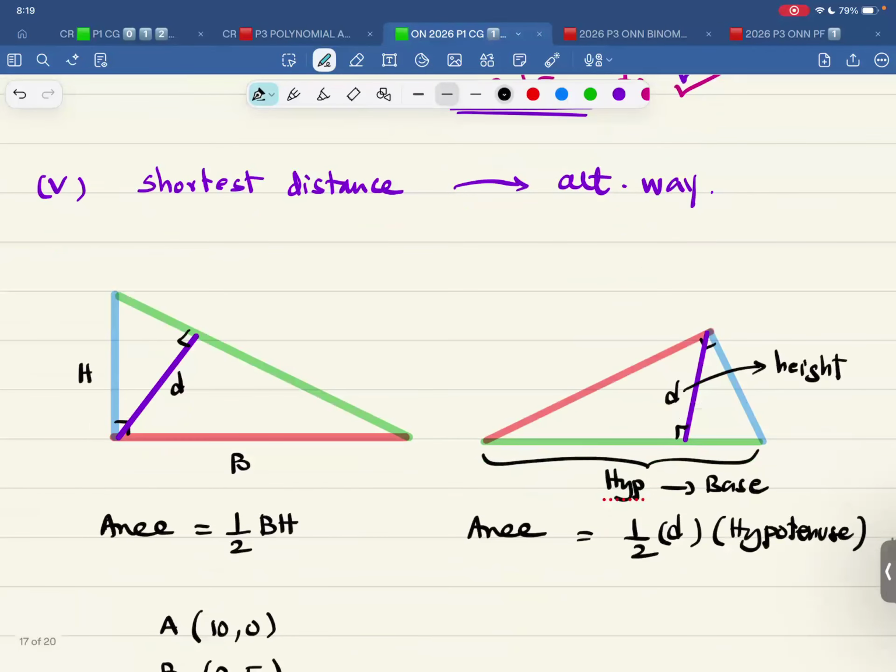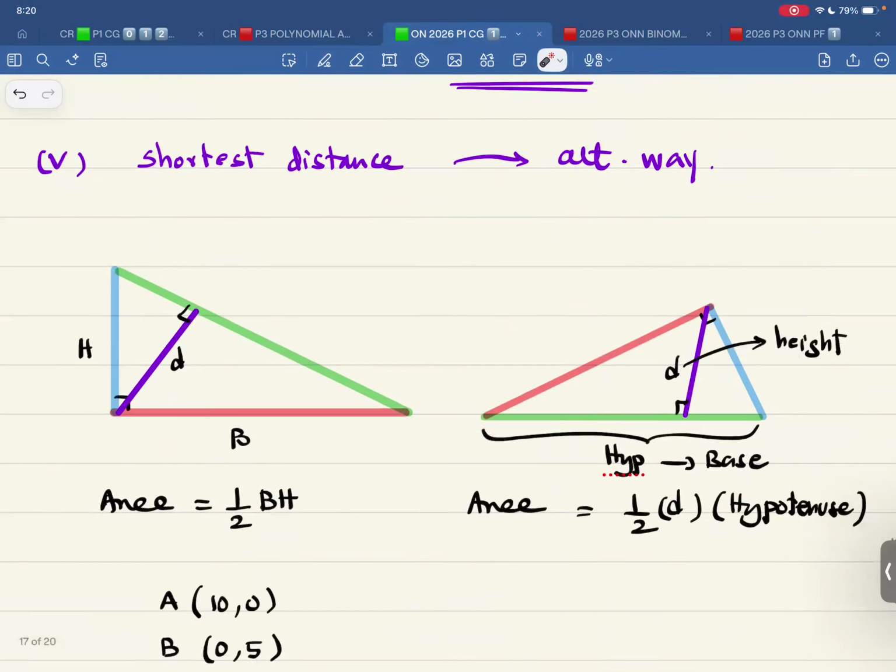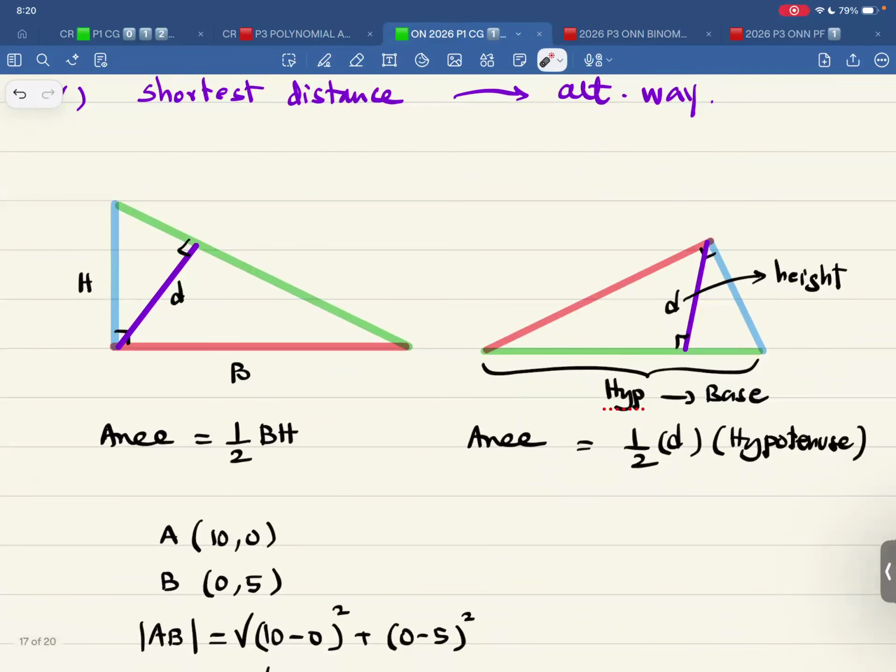Now the next one, an alternative way to find the shortest distance. And this is very, very important. Have a good look because a lot of you are joining for the first time. If this is a triangle like this, I can choose this as the height, this as the base. And what if I tilt it around? So now this becomes the height and this becomes the base, not drawn accurately.